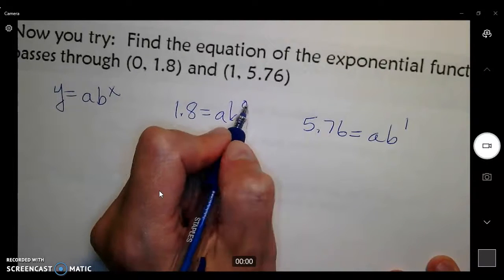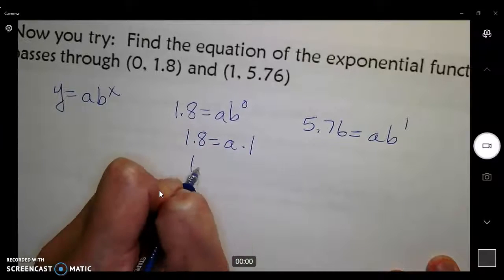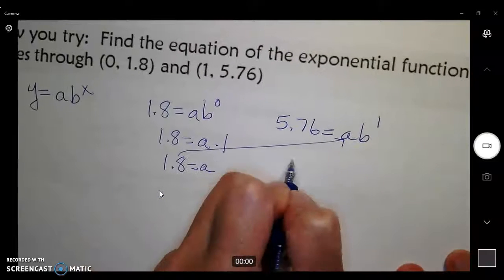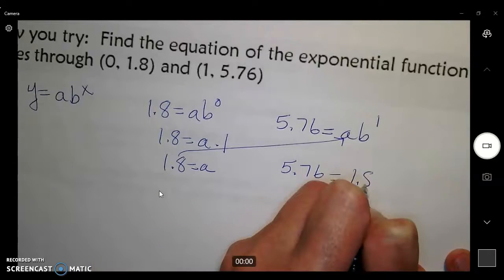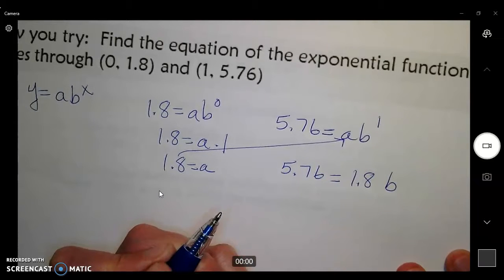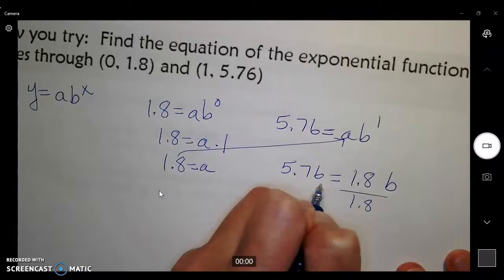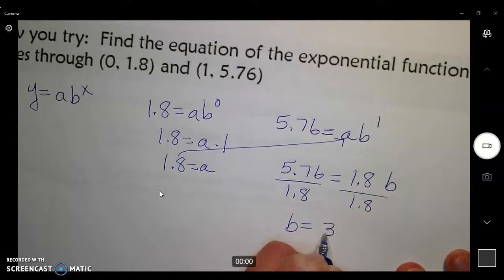Remember that anything to the 0 power is 1. So now I can take that, put it over here. 5.76 equals 1.8 times b. All we need to do is divide here. So 5.76 divided by 1.8. And you end up with b equals 3.2.